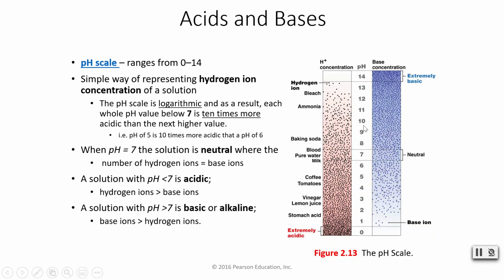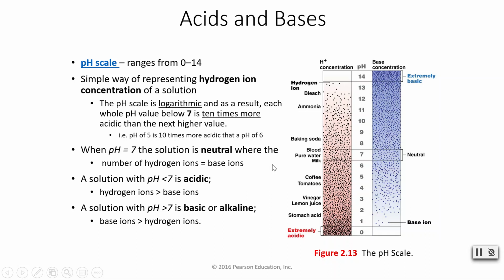So we're not just adding a few more hydrogen ions, or removing a few hydrogen ions. We're doing quite a bit. So we can see our gradient here. We have a ton of hydrogen molecules the more acidic we go. We have a ton more base molecules the higher we go.